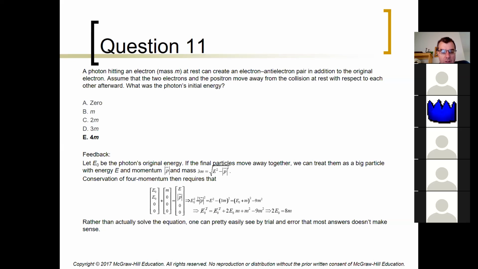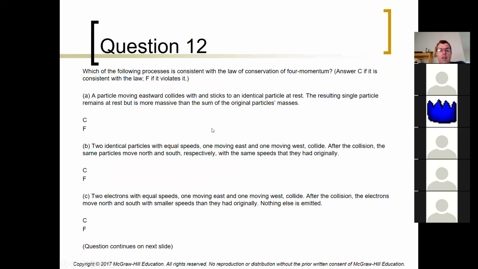And then we're going to get that E naught plus m is E. And so we're going to have P squared equals E squared minus the momentum squared. And actually, I don't like their explanation. Let's just move on.